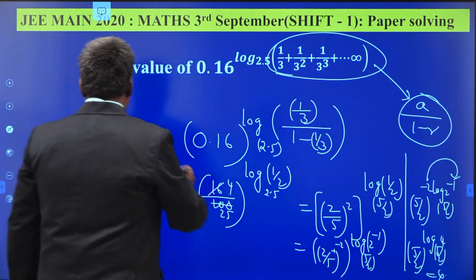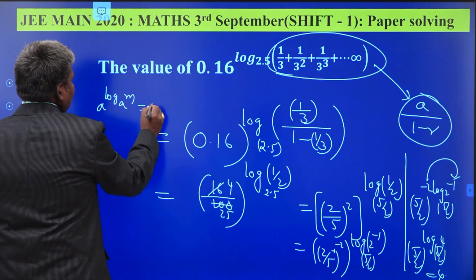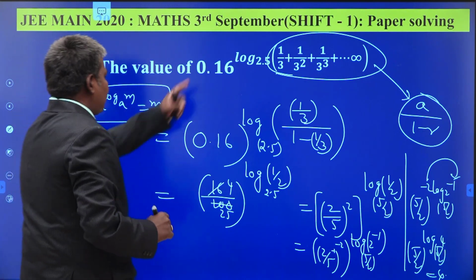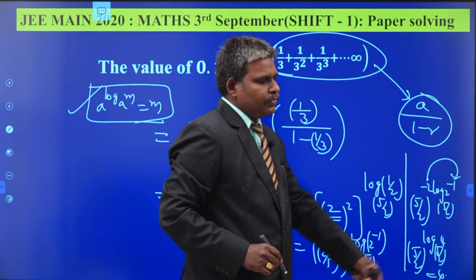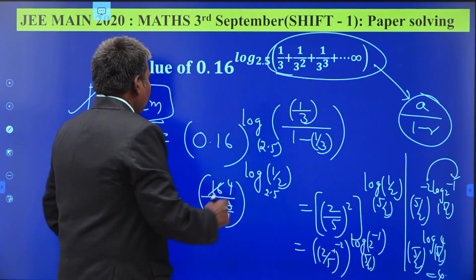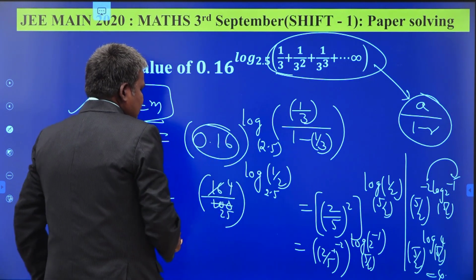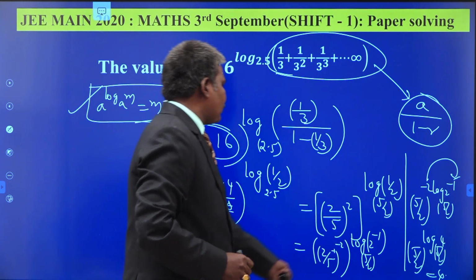A power log m to the base a is m; we have this formula. So I am converting this expression into the form where we obtain m, that is your 4. Am I correct or not? So in the entire problem you have to write 0.16 as 2 by 5 whole to the power of minus 1, whole power minus 2.